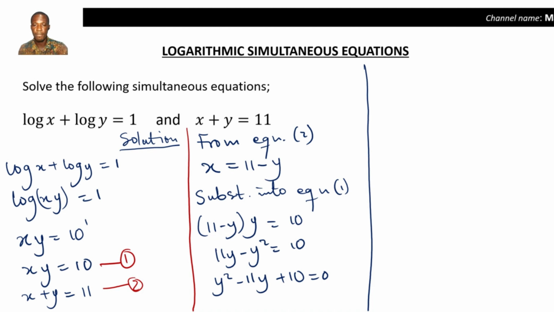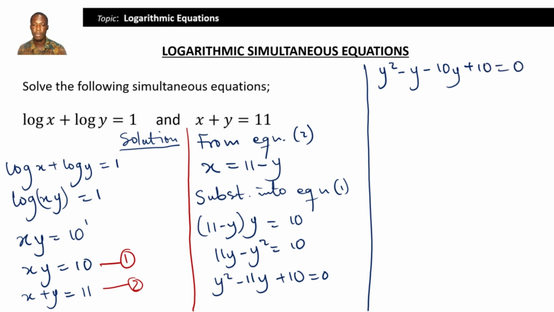So I have y squared minus y minus 10y plus 10 is equal to 0. I believe you already know how to use the method of factorization to find the roots of a quadratic equation. That's what we have applied here.